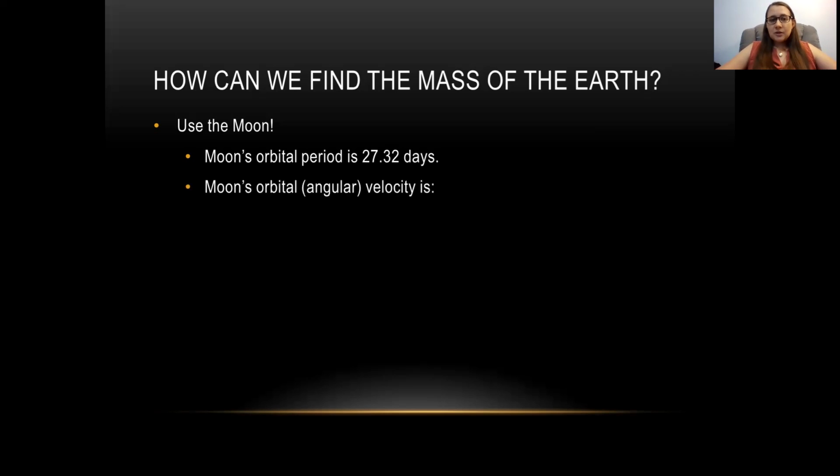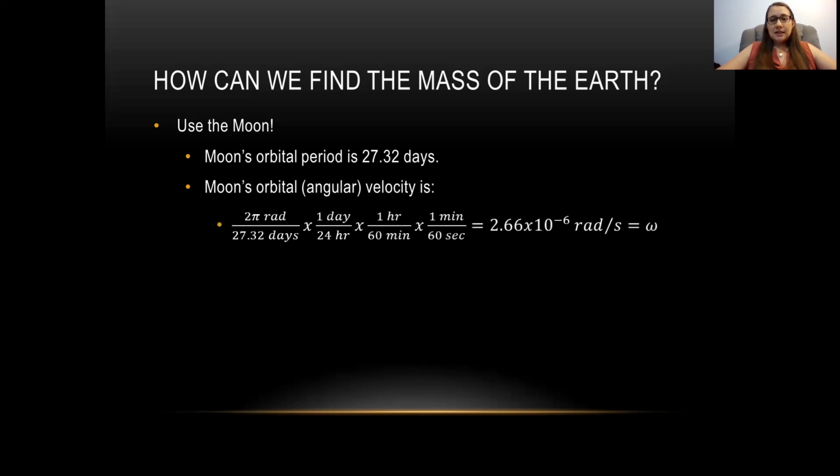To figure out its orbital velocity or its angular velocity, we just need to take, remember, the total distance that it travels in one orbit, so the circumference of a circle, more or less, divided by the amount of time that it takes to make that orbit. So 27.32 days is not a very metric friendly unit, right?